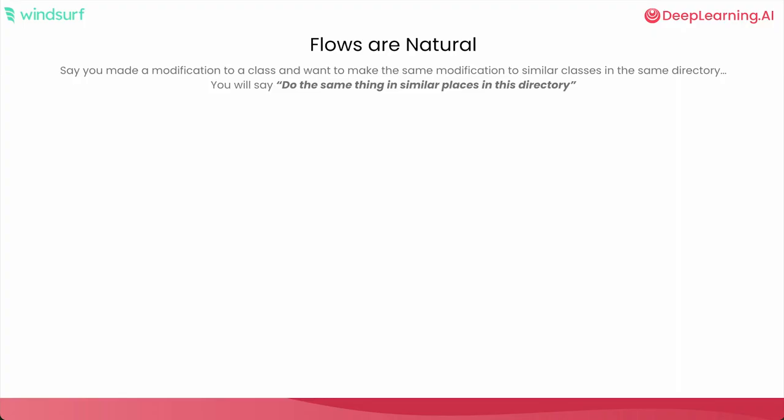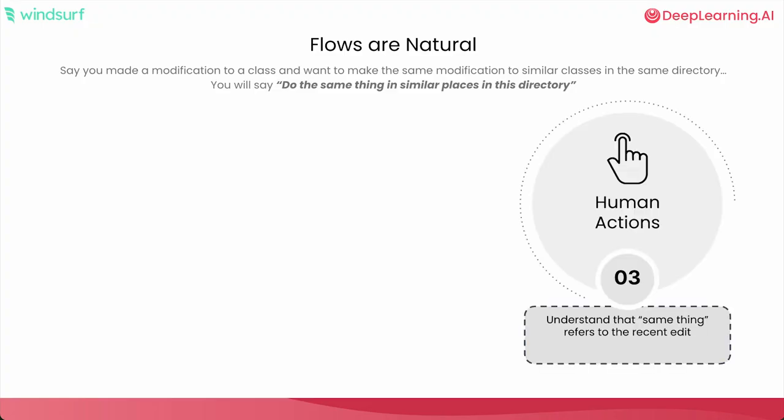And thinking about the collaborative agent, again, as a pair programmer, you can see how these different components help make this possible. First, the fact that the agent has been observing what the developer has been doing will make it able to understand that "the same thing" refers to the recent edit that I had just made.